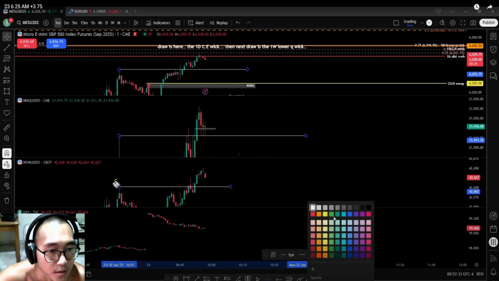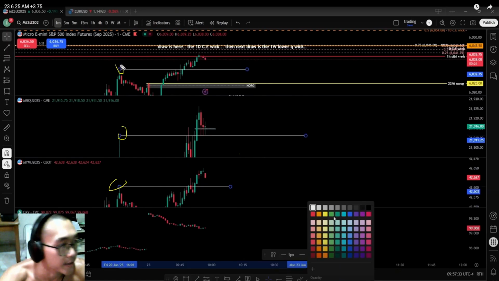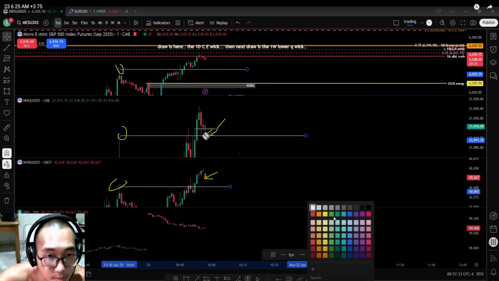I'm measuring out the swing highs and seeing how they are doing. As you can see right now, Dow is above it, Nasdaq is coming back down but also above it, and S&P is also the same. So how price is going to trade above this is going to be really important for me.